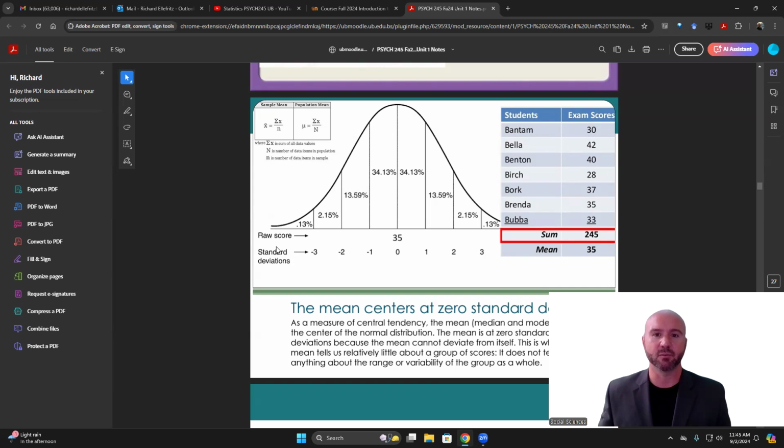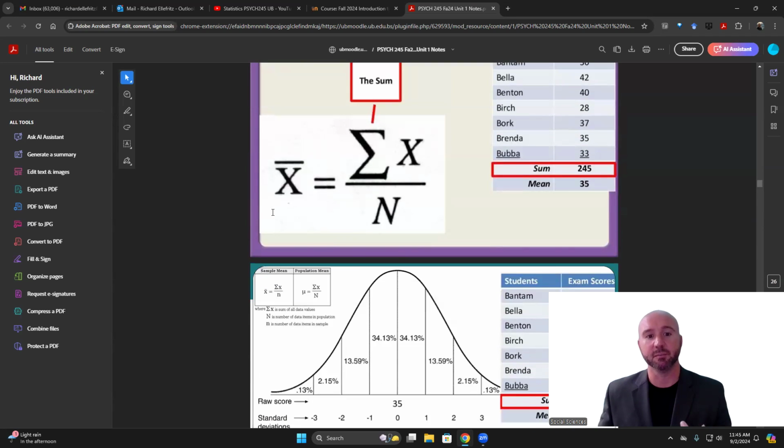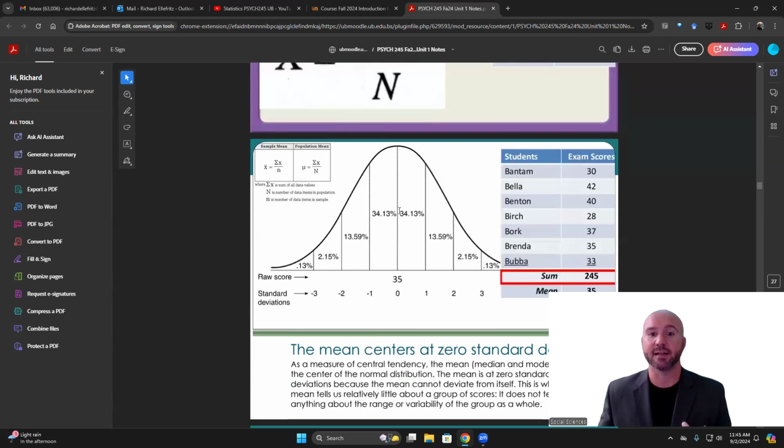I'll be getting into this in more detail, but I want you to see right now the relationship between the mean and the standard deviation, that we're going to apply them to the standard distribution or the bell curve. So once again, you can see the symbol for the mean is X bar. We use it as a measure of central tendency in the normal distribution, and there's something called the standard deviation.